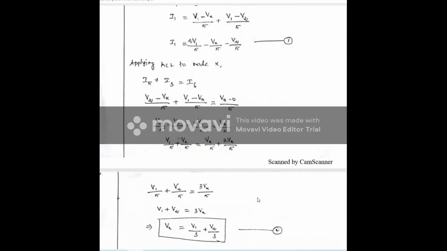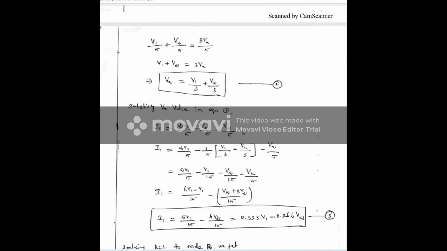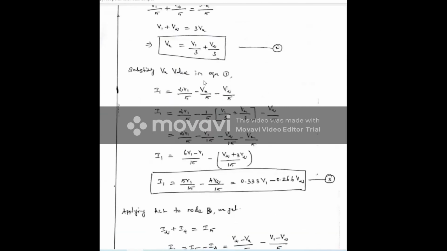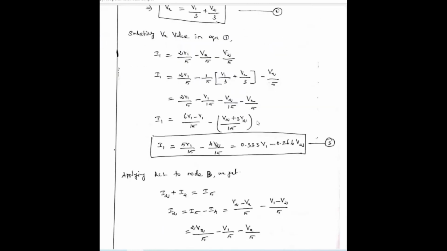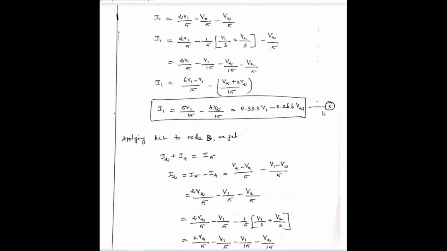We will get I1. Instead of Vx, you substitute the value and rearrange it. After rearranging, we get I1 equals 5V1 by 15 minus 4V2 by 15. So 5 divided by 15 is 0.33V1 minus 0.266V2. So this is one of the Y parameter equations.